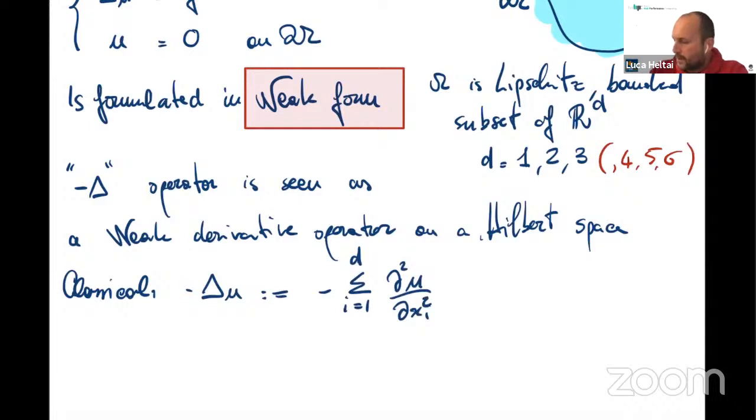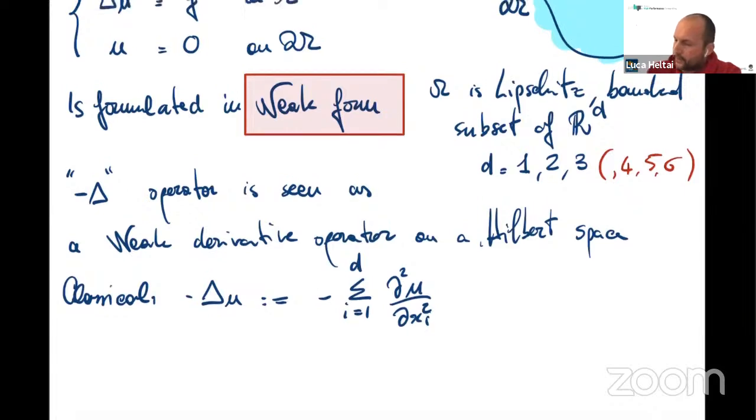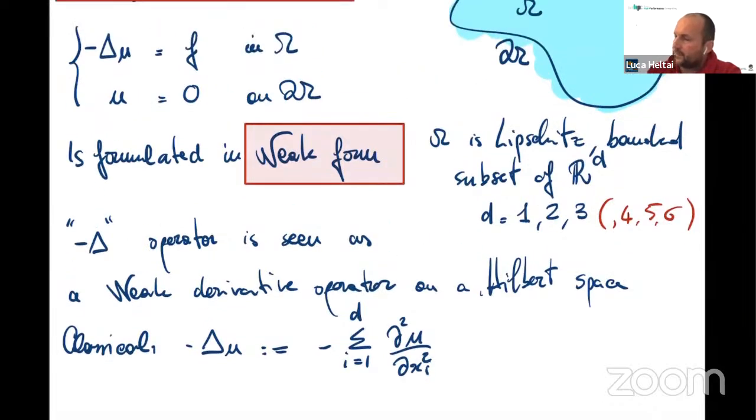This is what the classical derivative is for these types of problems. Of course, if you want to have a solution in the classical sense, then there are a lot of restrictions you have to ensure. For example, the boundary of the domain omega cannot be Lipschitz. It has to be smooth, at least a C2 boundary.